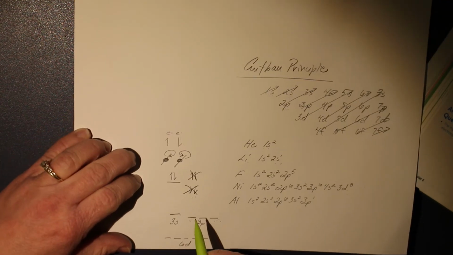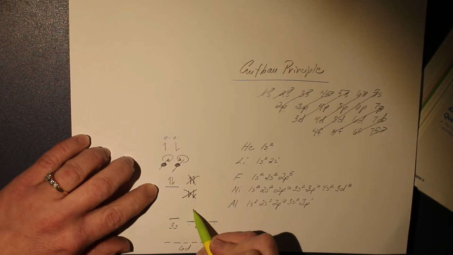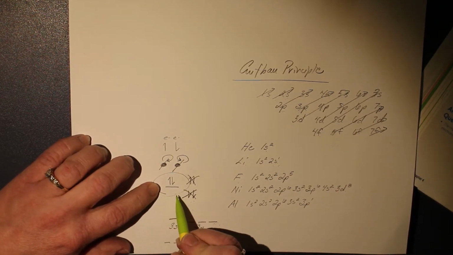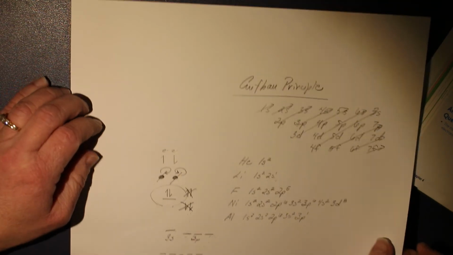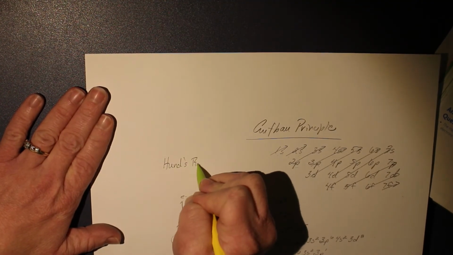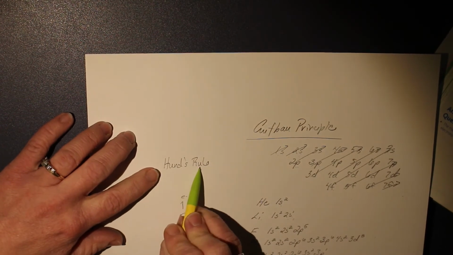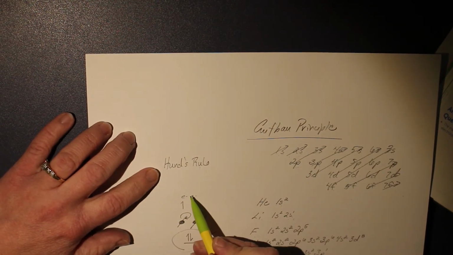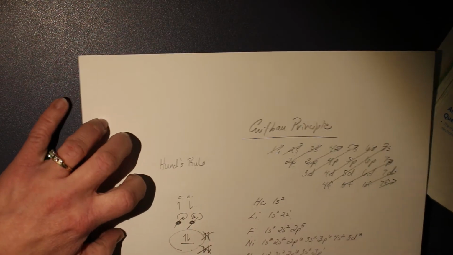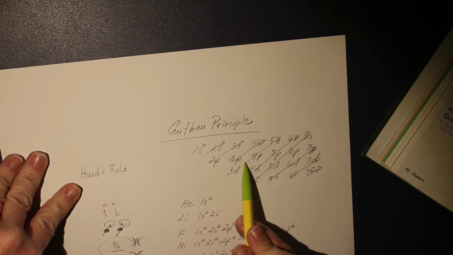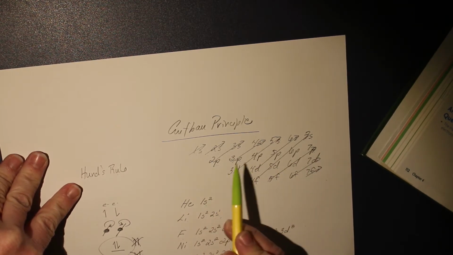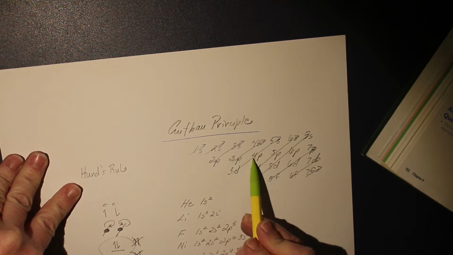All right. Well, the Pauli exclusion principle is what actually governs electron pairs having opposite spins. There's something called Hund's rule. And Hund's rule says this: whenever we are putting electrons in orbitals of equal energy, so all the p would have orbitals of equal energy, the 2p, the 3p, the 4p.